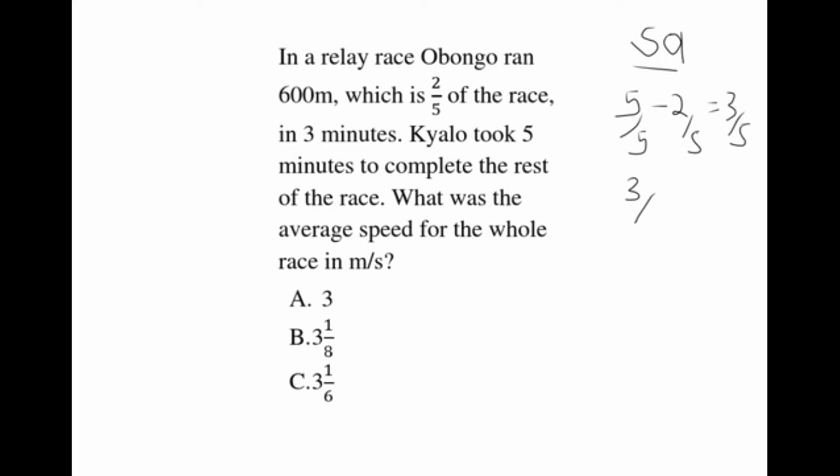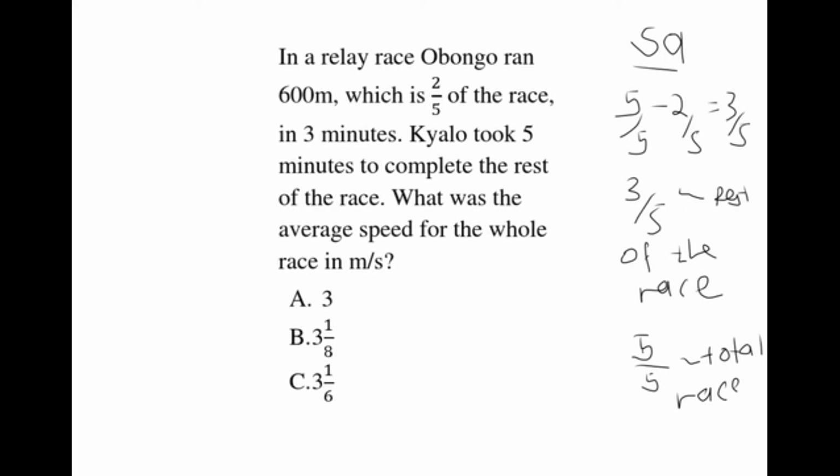Therefore, 3/5, this is the rest of the race. Five over 5, this is the total race. Therefore, we can proceed from there.